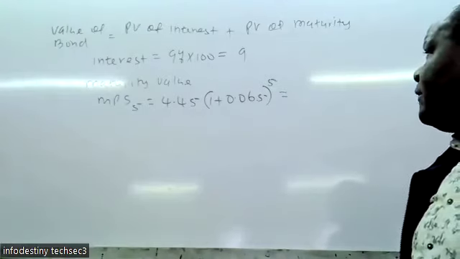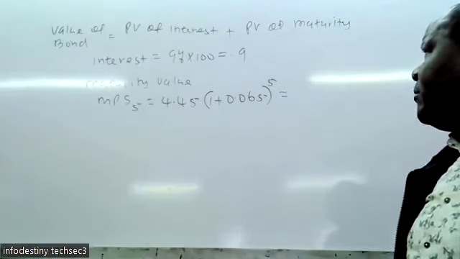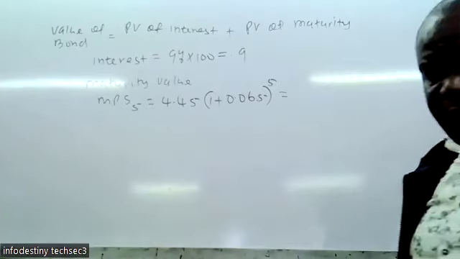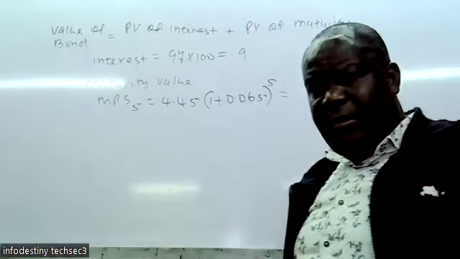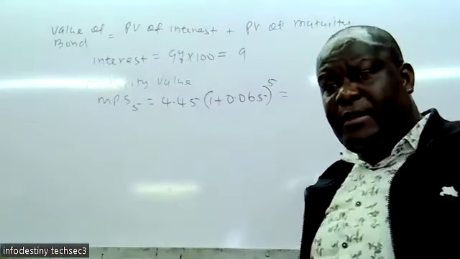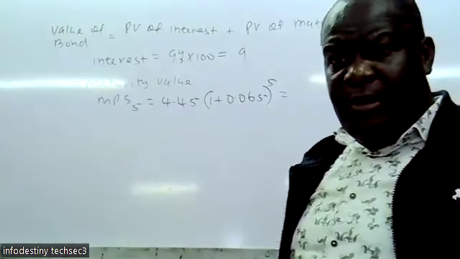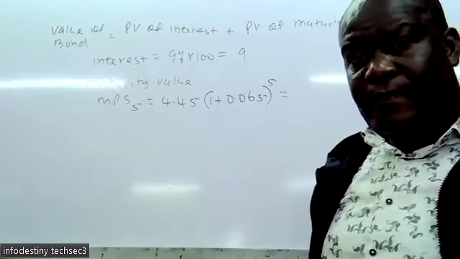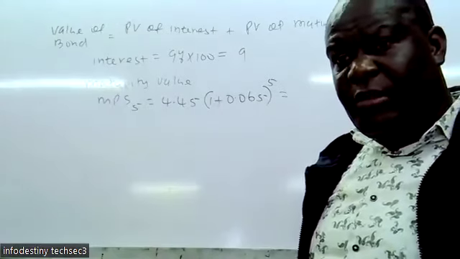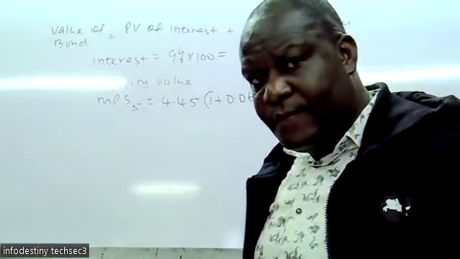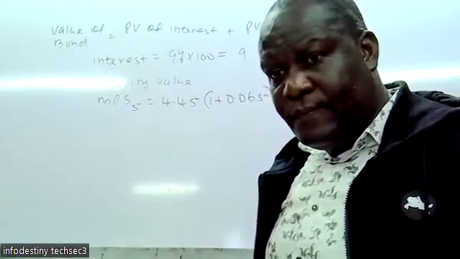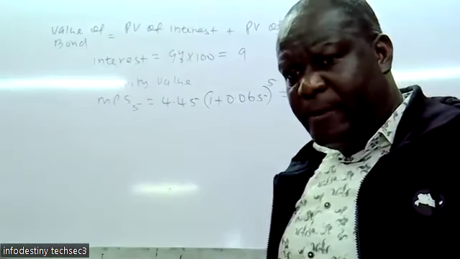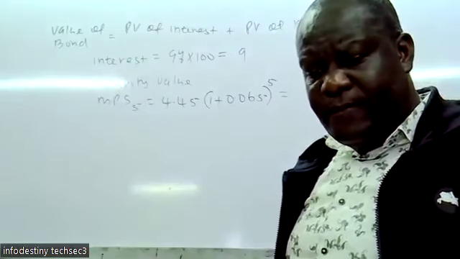When you increase 4.45 by 6.5% for the next 5 years, someone has given me 6.1. How about the others? Anyone else who has computed? I'm waiting for someone else so that we compare whether it is the same.